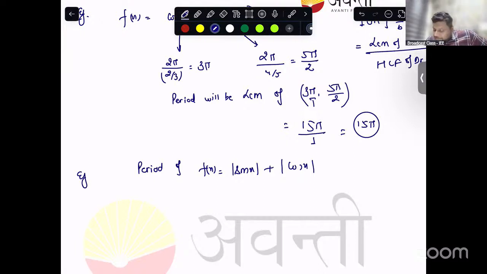Okay, what is the period of mod sin x? Tell me. Pi. What is the period of mod cos x? It is pi.